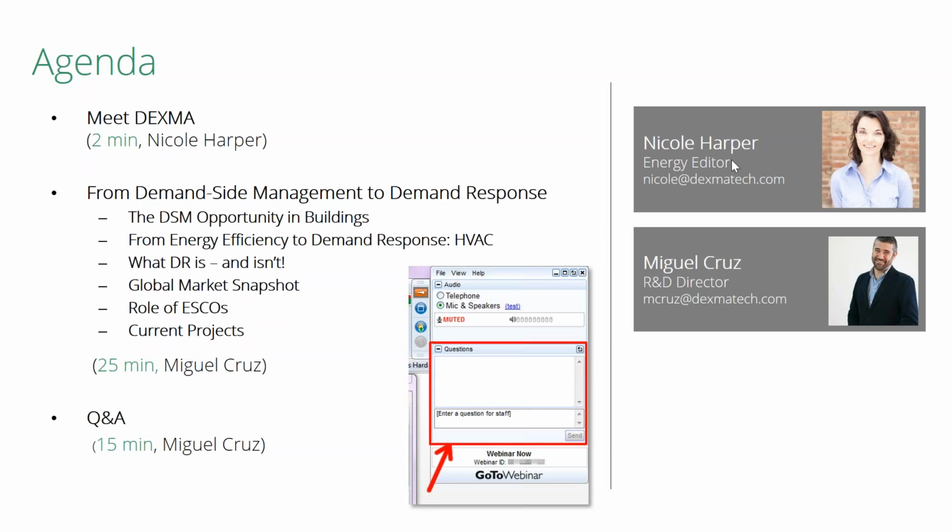Okay. Well, indeed, there are some markets that are more mature for demand response, like the UK, where you have different segments and different demand response markets where you can offer your flexibility.